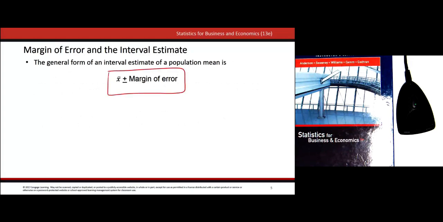Point estimate x bar plus minus margin of error. Now how do we calculate the margin of error? The margin of error, which is the value added and subtracted to the point estimate, how do we calculate it? It depends on whether the population standard deviation sigma is known or assumed to be known, or whether sigma is unknown.